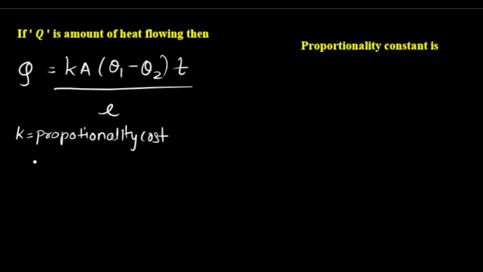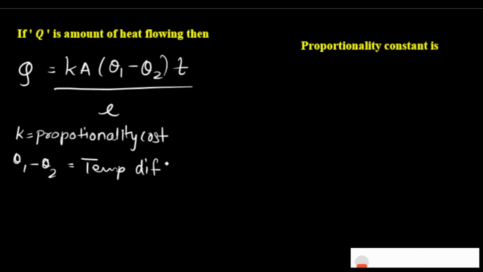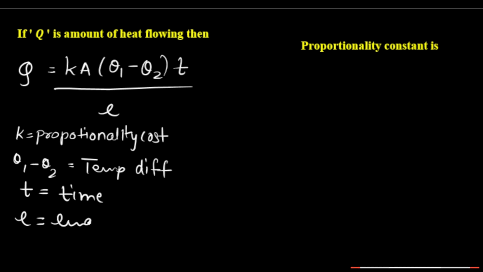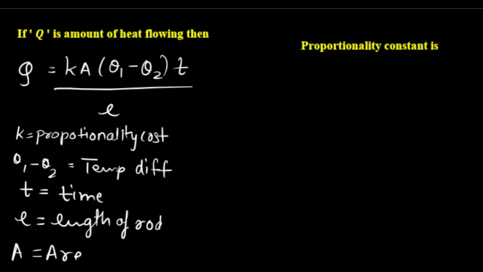Theta 1 minus theta 2 is the temperature difference. T is the time. L is the length of the rod, and A is the area of cross section.